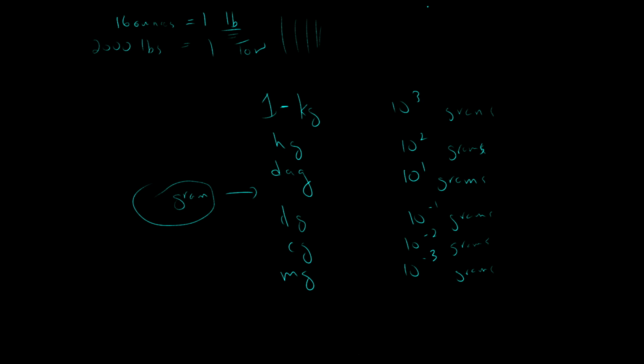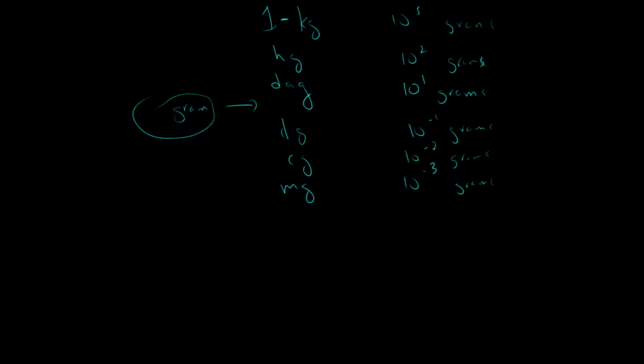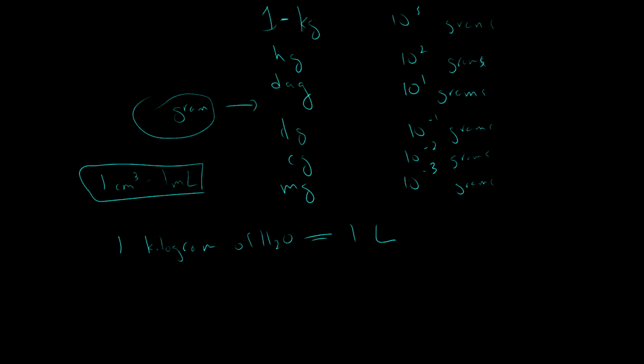So again, they used water as the linking thing. So 1 kilogram of water is equal to 1 liter. Notice how volume goes back to shape. 1 centimeter cubed was 1 milliliter, and they linked that also to the volume of water.